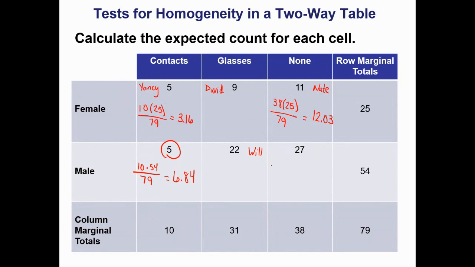Okay, Will. 54 times 31 over 79. And I got 21.19. Yep. Okay, and then David.